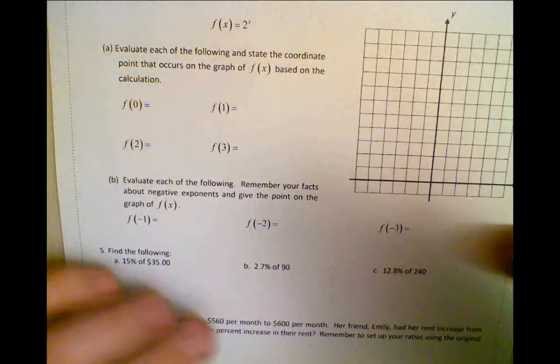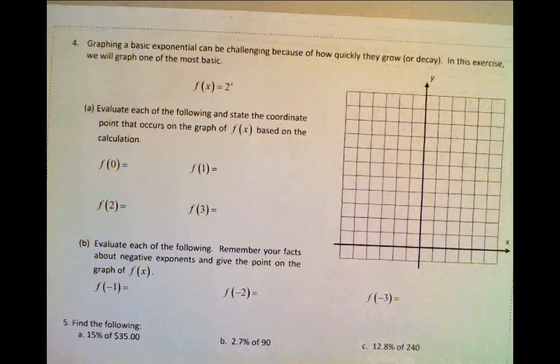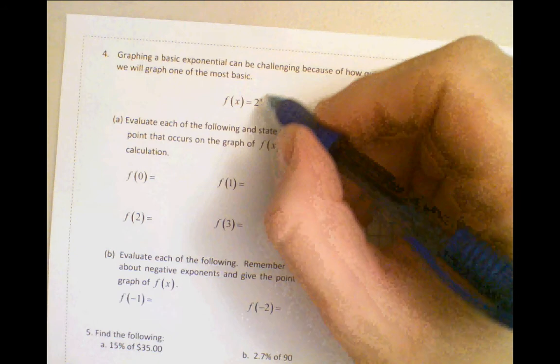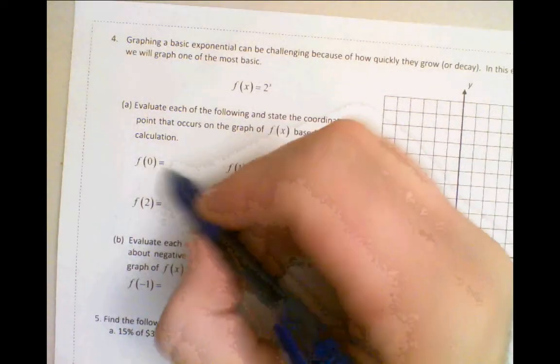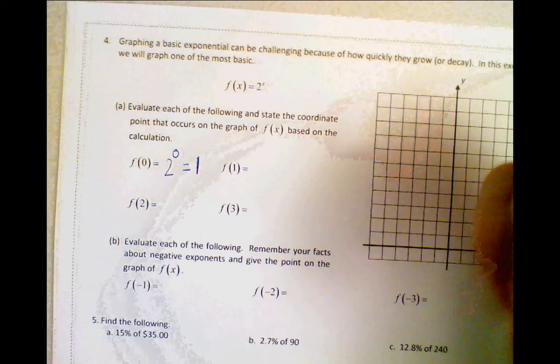Now graphing the basic exponential function. Okay? We did a little bit of this in class, but in this case, what we need to do is take 2 to the x, evaluated at each point. So when x is 0, we plug it in, so 2 raised to the 0 power, which you should remember is 1. And if you don't remember, you can always use your calculator.